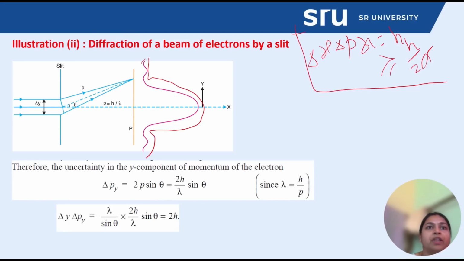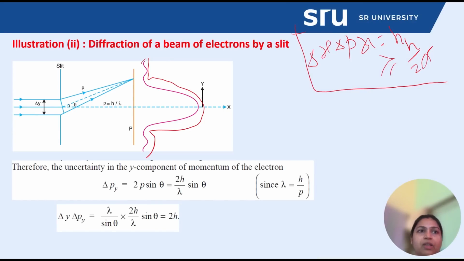So basically here a beam of electrons is transmitted through a slit and received by a photographic plate P, or we can say a screen at some distance from the slit.